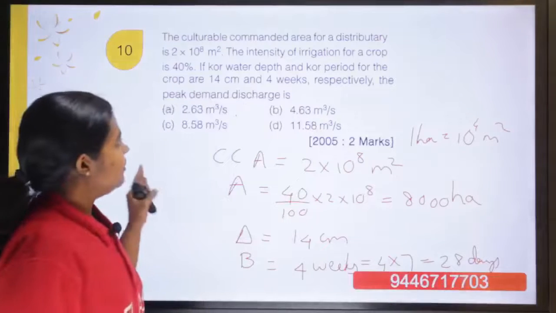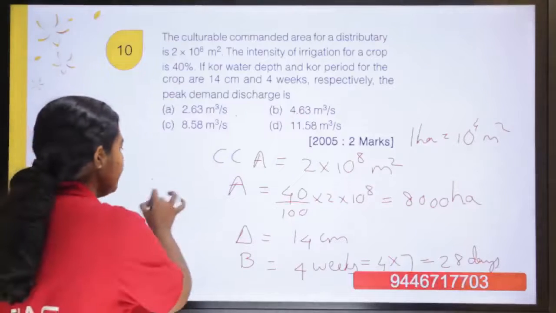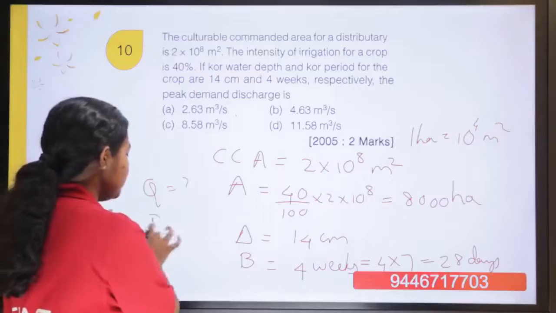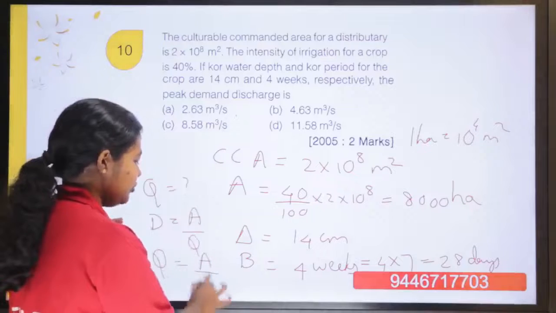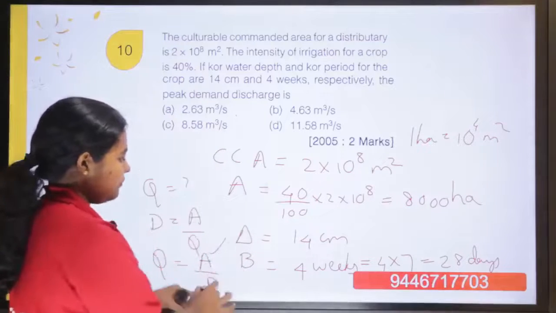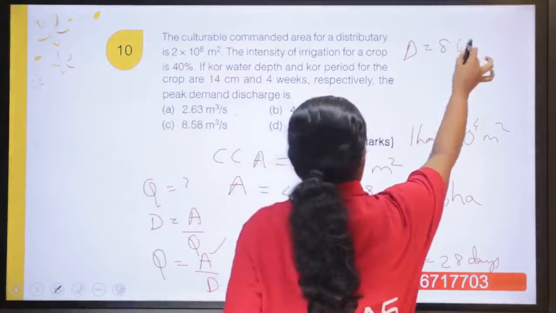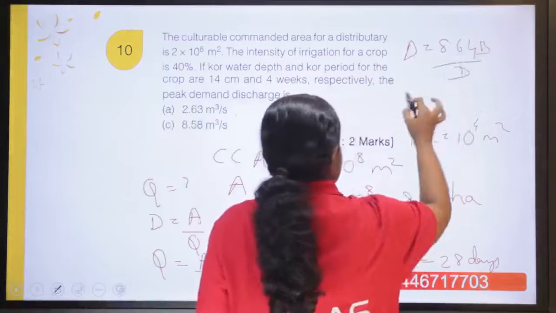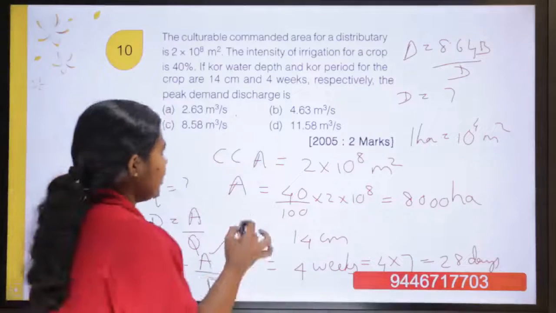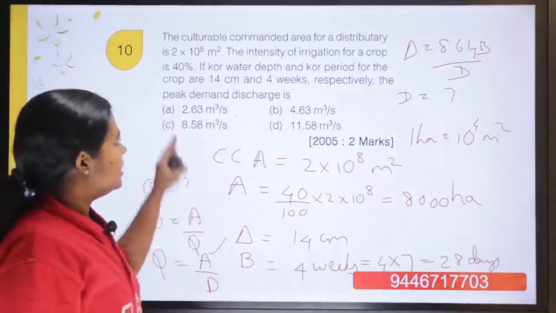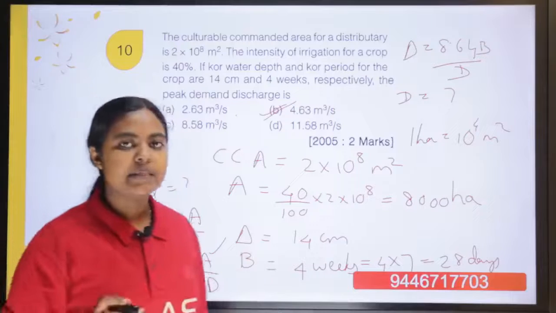Then we have to find the peak demand discharge, the value of Q. We know that duty is equal to area by discharge, so discharge is equal to area by duty. We know the area. We have to find the duty using the equation delta equals 8.64 B by D. From that, find the value of duty. After solving, you will get the discharge value equal to 4.63 meter cube per second.